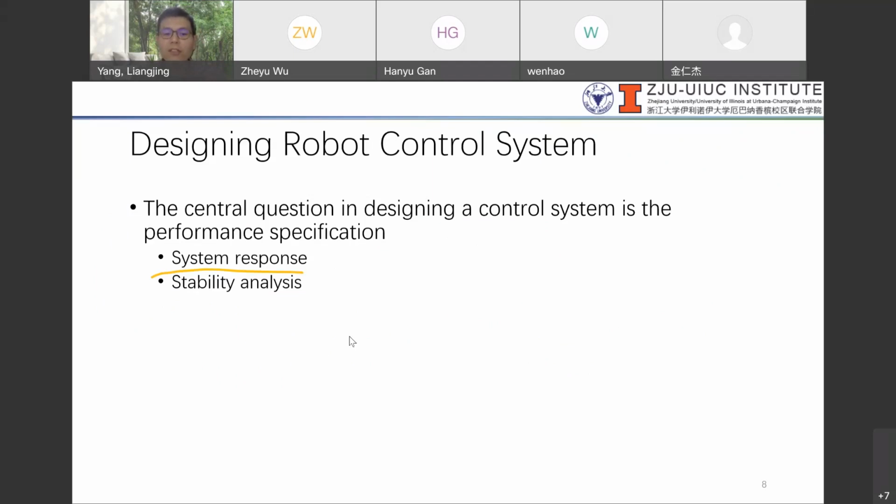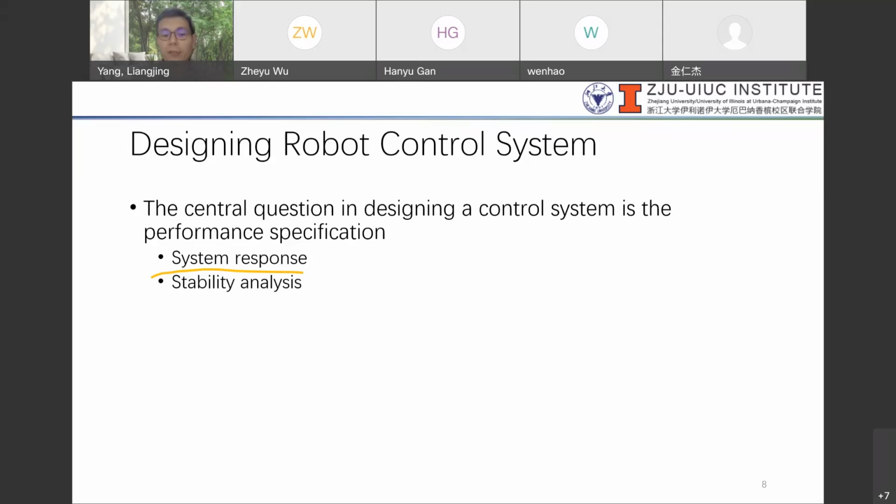So in that control system, we can look at it as a dynamic system where we get to tune certain parameters, and we want to make sure that the system behaves in a certain way, and so that is by specifying the system response.